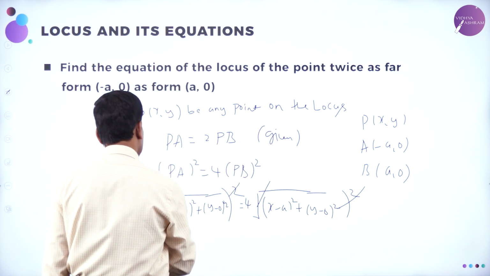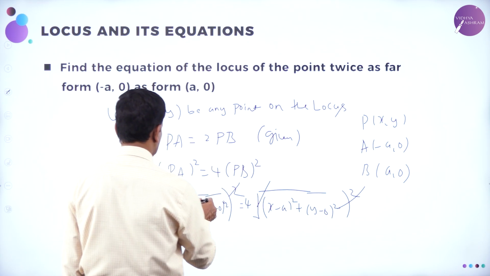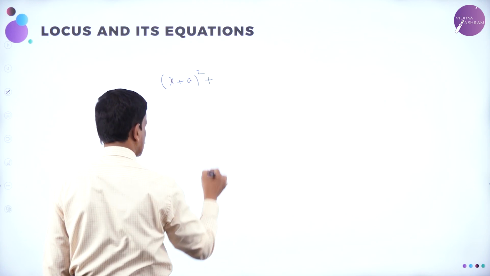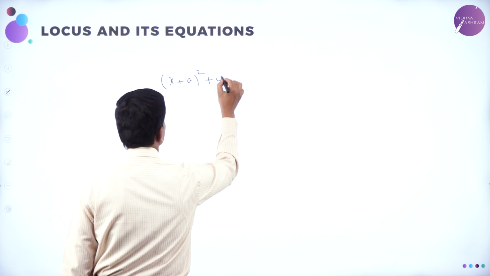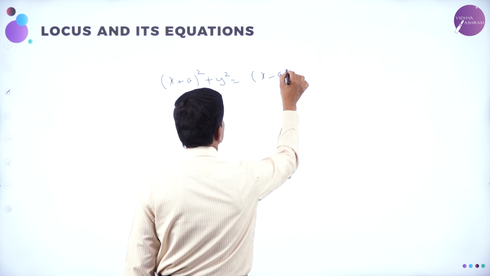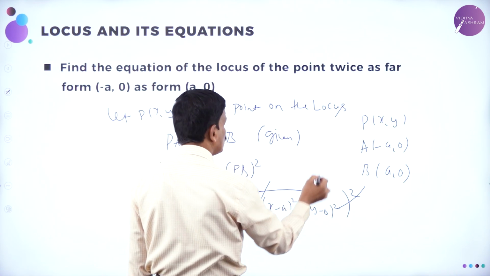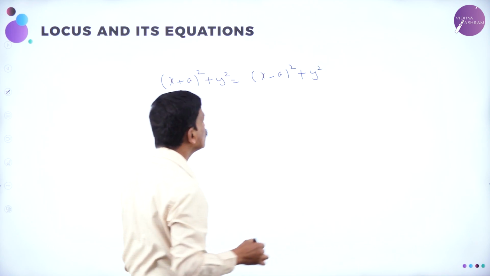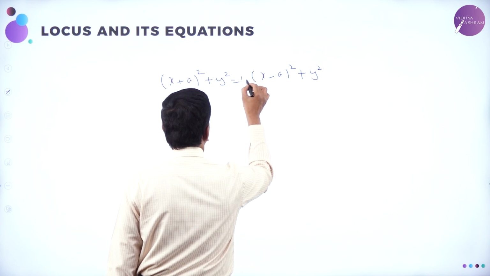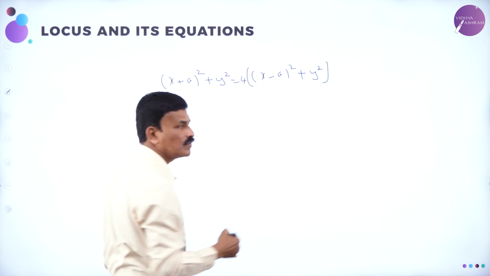The square root gets cancelled. What we have? (x plus a) whole square plus y square is equal to (x minus a) whole square plus y square, along with this 4. That's it. Along with 4.